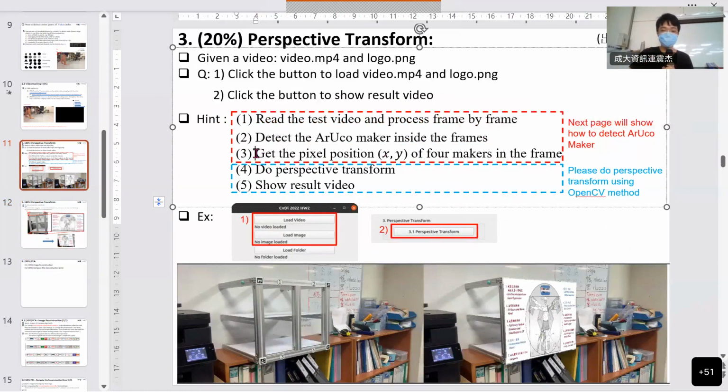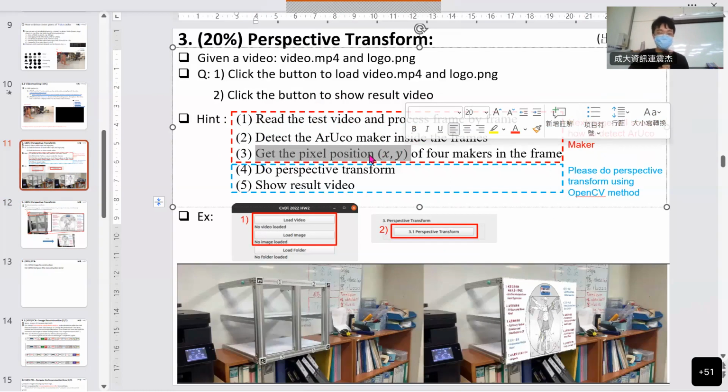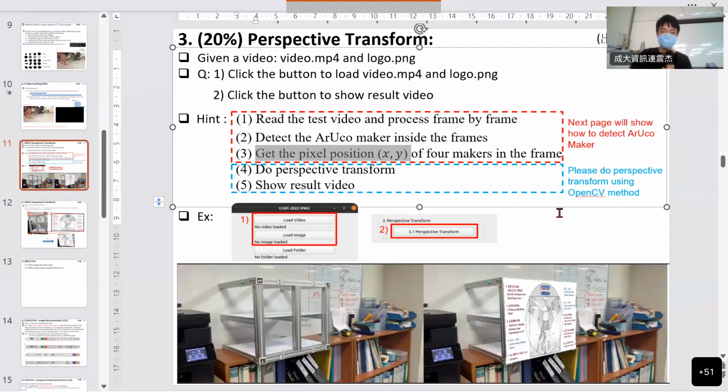Suppose the video has 50 frames. For each frame, you should detect the ArUco code. It just said detect, but for each frame you detect the ArUco code.